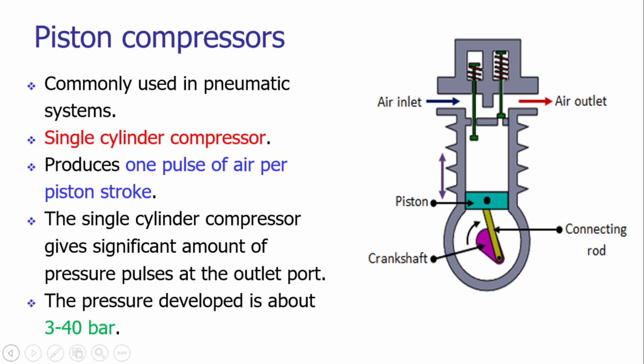Piston compressors are widely used in pneumatic systems. On your screen you can see a single cylinder compressor unit which is generating the compressed air. The construction is very simple.